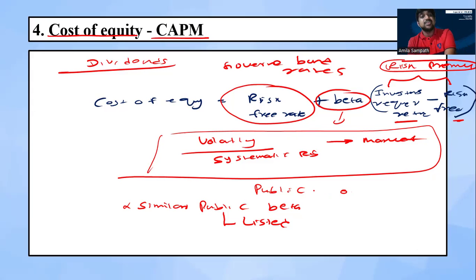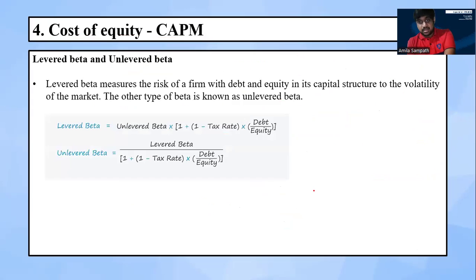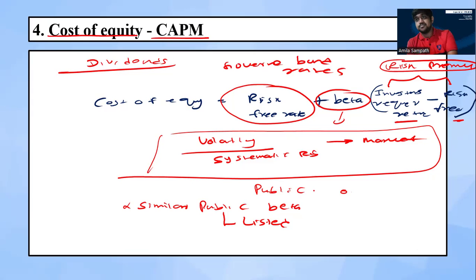If our company is a private limited company, or if we don't have information for the beta, then we need to calculate beta like this. And the other thing, as I told you, is that beta measures volatility or the systematic risk in relation to the market.